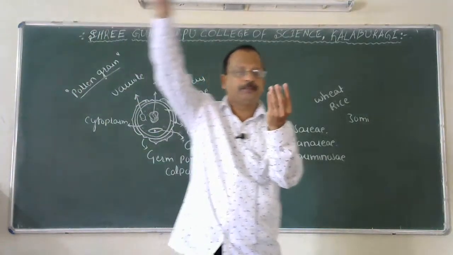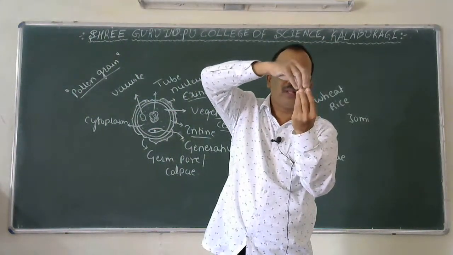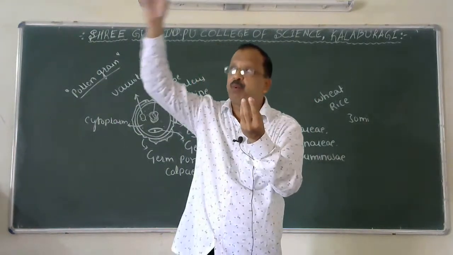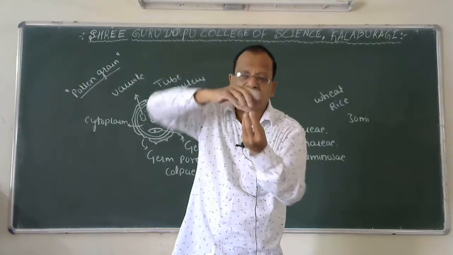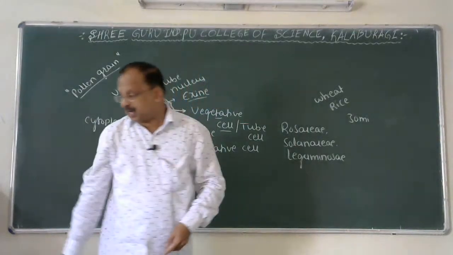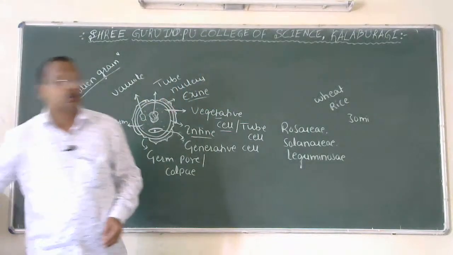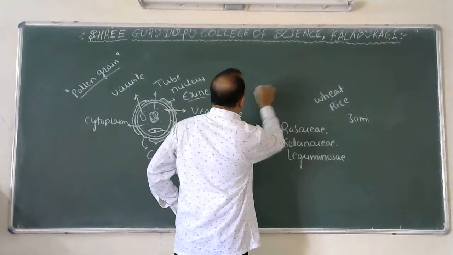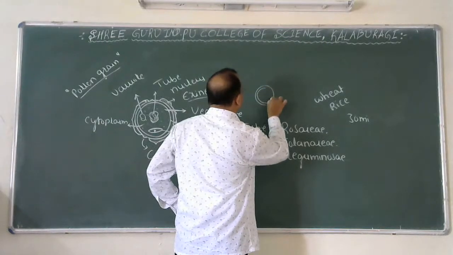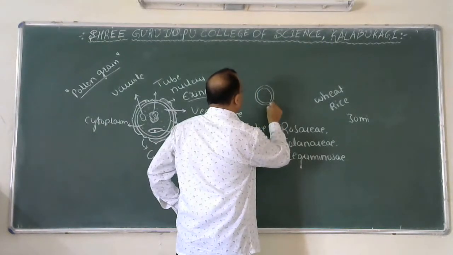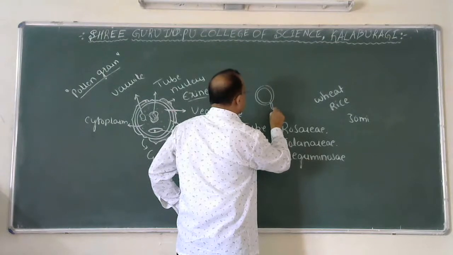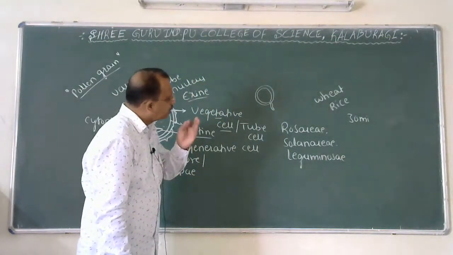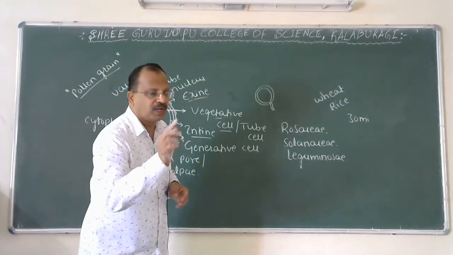After pollination, when the pollen grains reach the stigma, the intine germinates and produces a small tube-like structure known as the pollen tube.